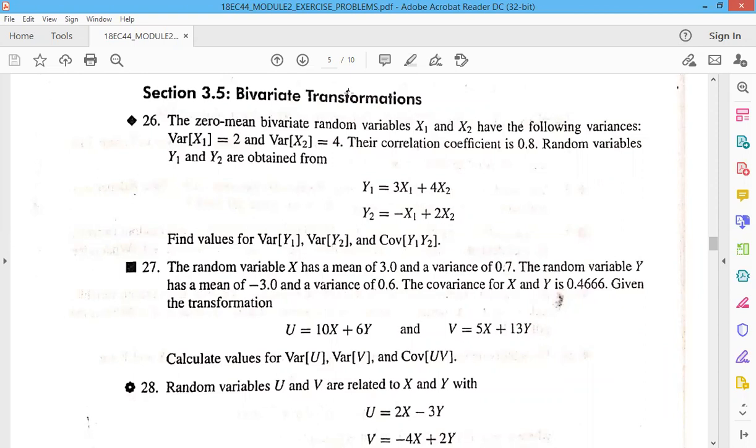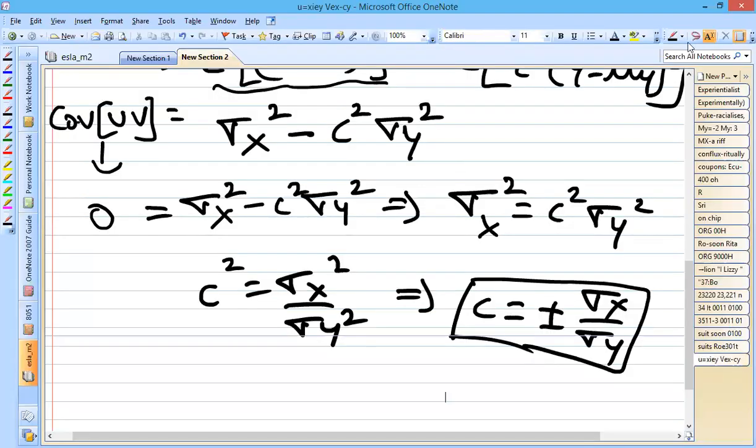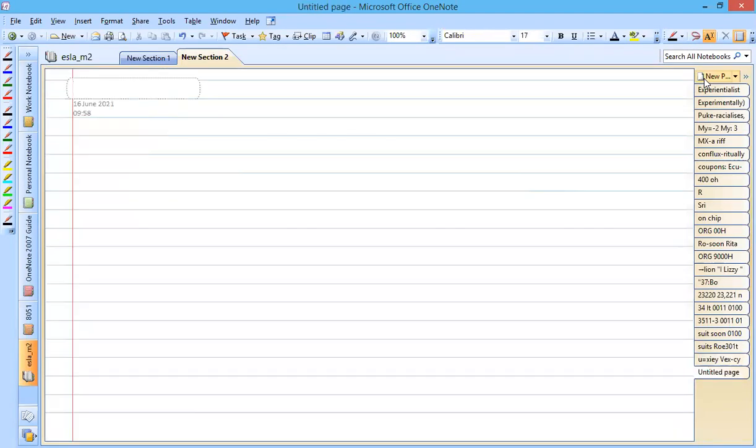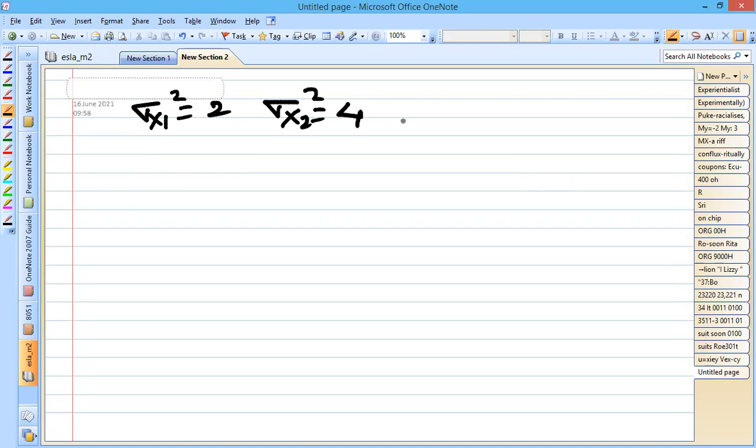Let us go back to the notebook. First let us write down the values given. Sigma x1 square, the variance of x1, is given as 2, sigma x2 square is given as 4, and rho xy is given as 0.8.